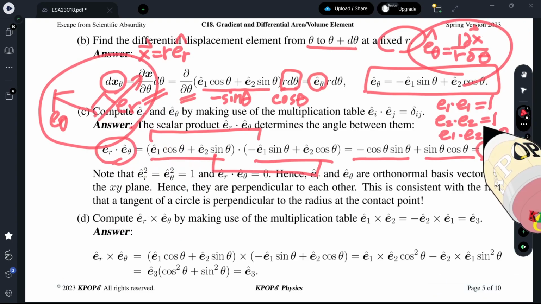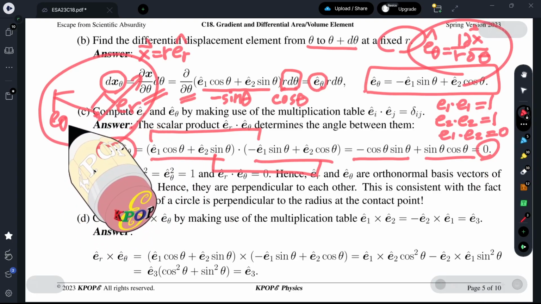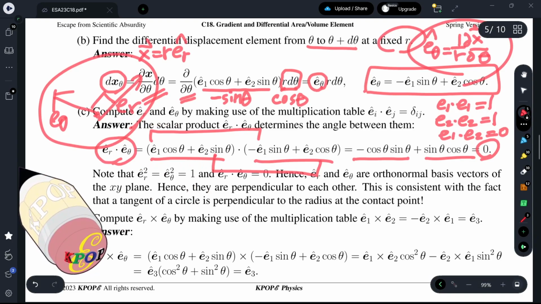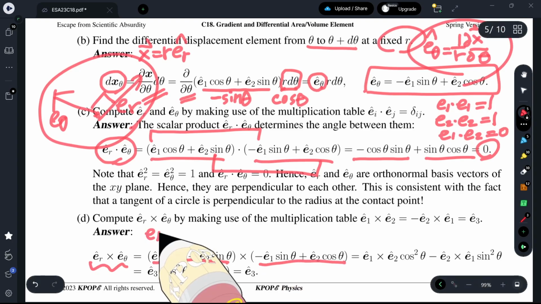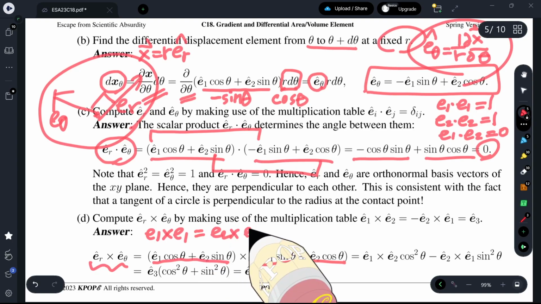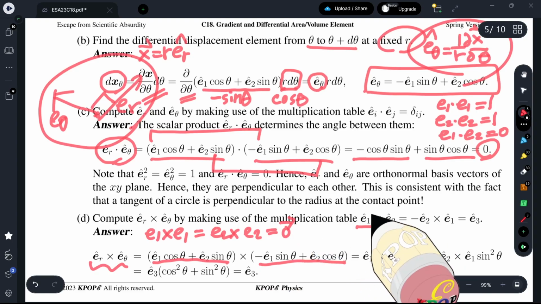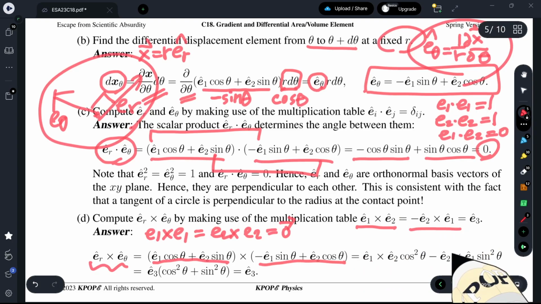In addition, we will find that the cross product of e r and e theta is e3. Let's see. We know the multiplication table: identical vectors give 0, and they are anti-commutative, so e1 cross e2 is e3 and minus e2 cross e1 is also e3.